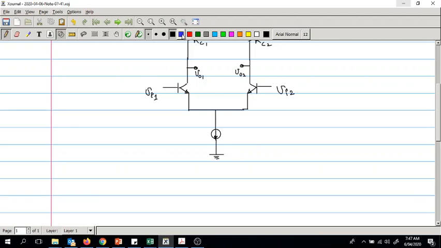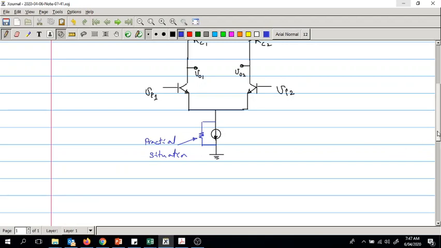However, in practical scenarios, the current source would have a parallel resistance connected here. So that's the practical scenario, right? You will have that resistor connected in the practical case.